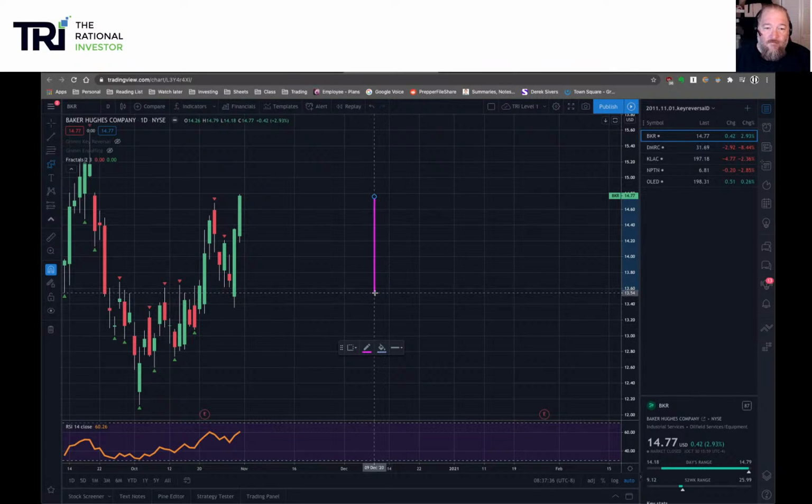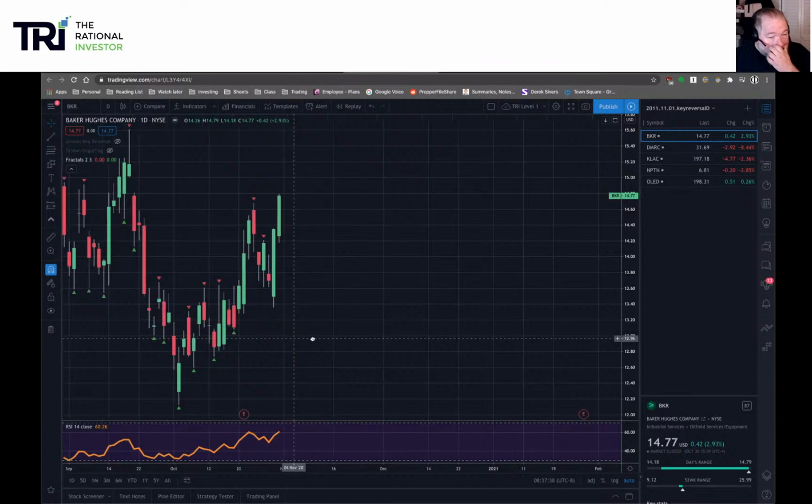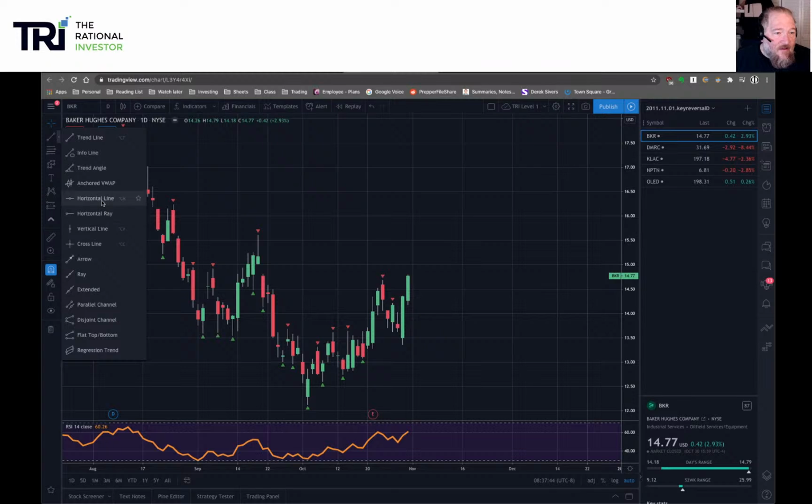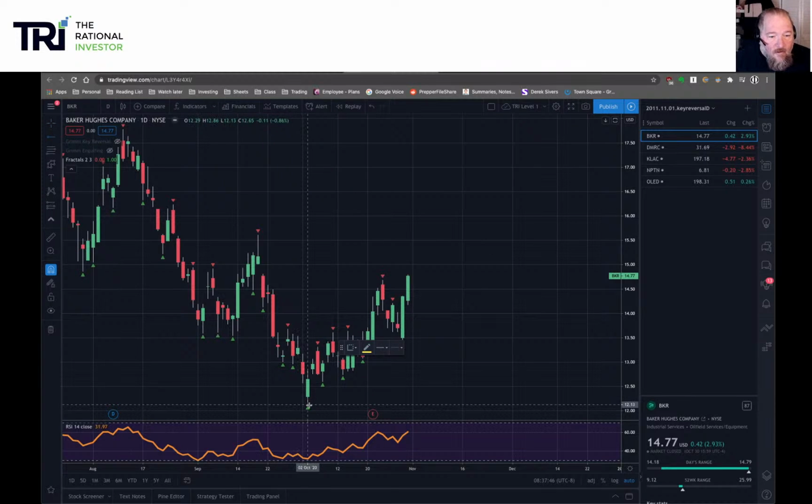Okay, so let me put it here. If we were to enter off of this fractal, we really only have this level because we have this 3-bar fractal, right? We have this level supporting our trade. You could, I suppose, say that the low of this candle also supports it, but not really, right? It's this level that's going to support it.